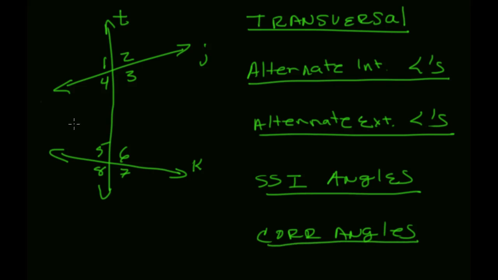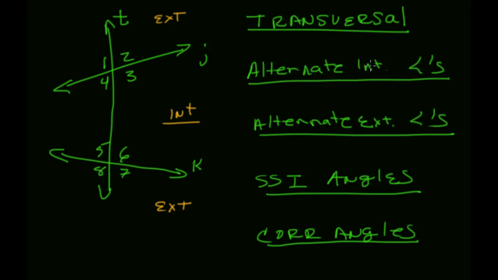Okay, alternate. So when we're looking at our drawing here, the space between the two lines is what is called the interior. The space out here is an exterior, and out here is an exterior. So between the lines, we call it an interior. Outside the lines, we call it an exterior. So alternate interior angles are all on the inside. So angles 4, 3, 5, and 6 are all interior angles.